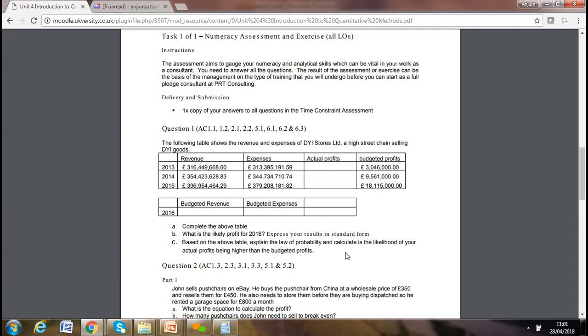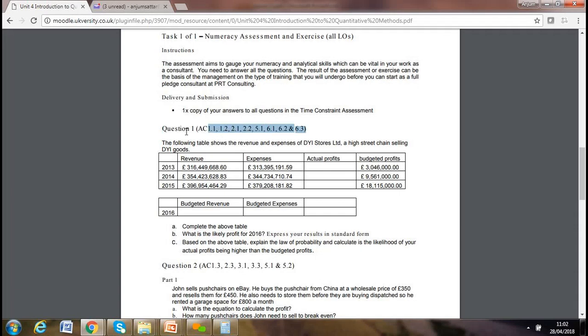That will meet my assessment criteria 1.1, 1.2, so many criteria in question one only. Any question?